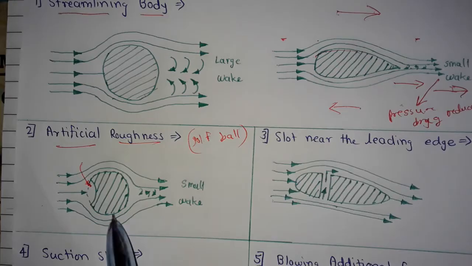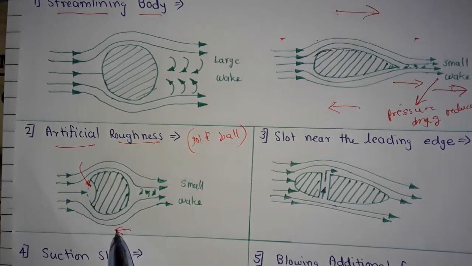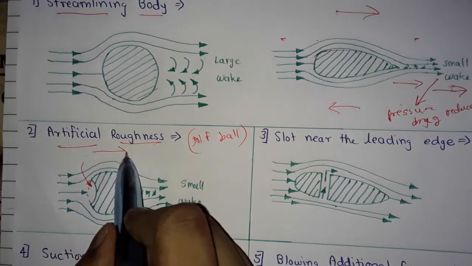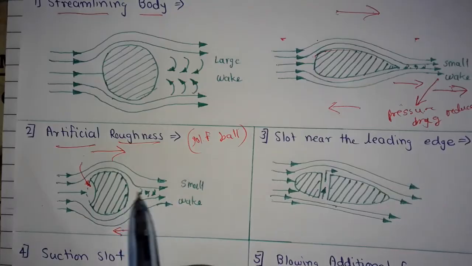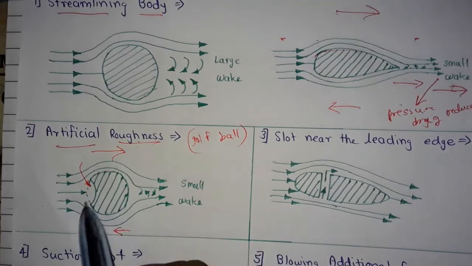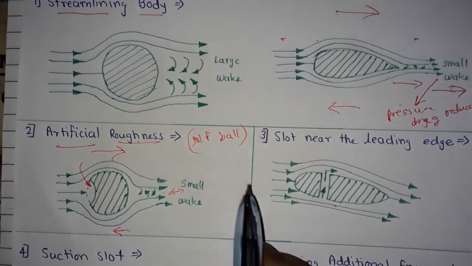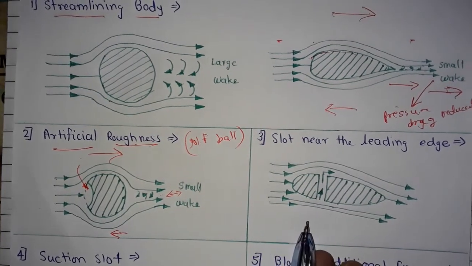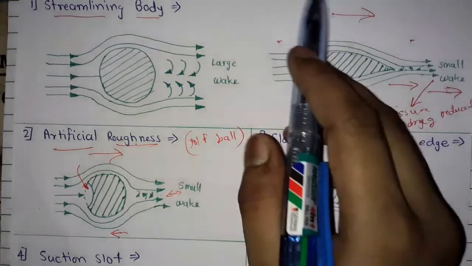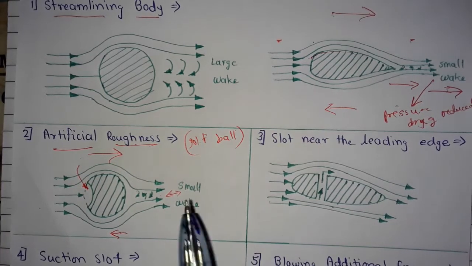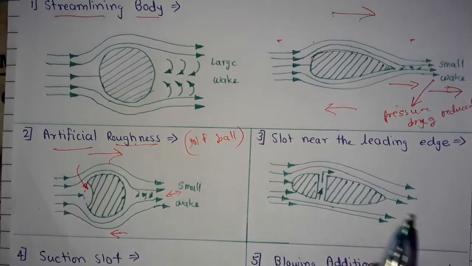Suppose this spherical body which has artificial roughness moves in the leftward direction, then the fluid moves in the rightward direction, and because of this, small wake formation occurs at the downstream, and there is prevention of boundary layer separation. One more thing, friends, due to this there is a change of the laminar boundary layer to the turbulent boundary layer.